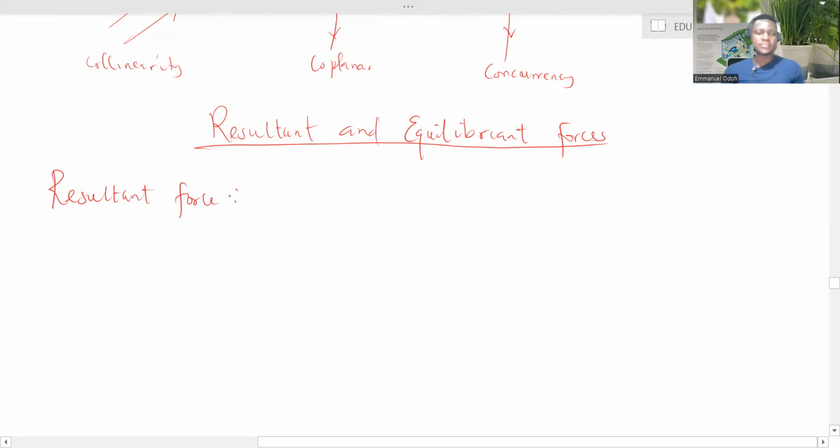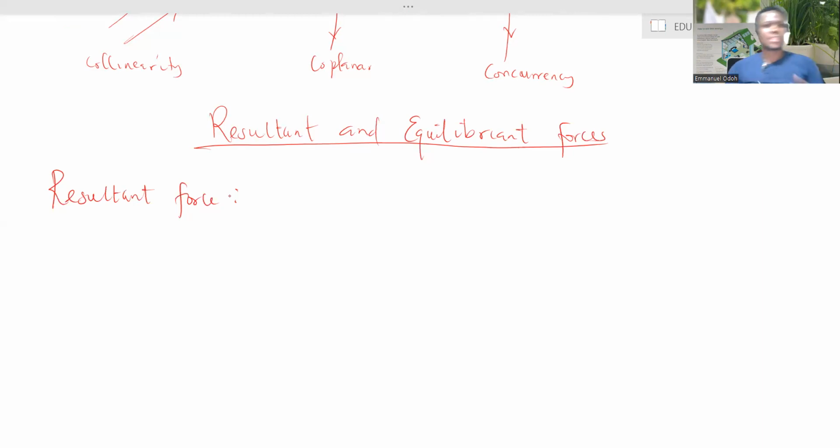Now, the resultant force is just a single force that will produce the same effect in magnitude and direction as when several forces act together. I will break this definition down for you to understand.